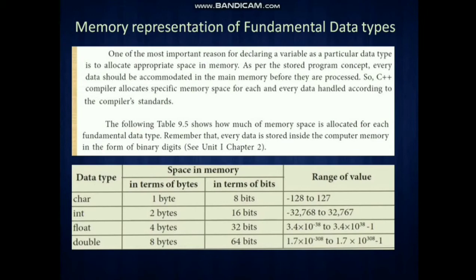How do they allocate that memory? With the data type only, whichever data type we give for that particular variable. That way the variable allocates memory from the computer memory, before processing. After that we compile and execute the program, and finally the value is stored in that memory location.